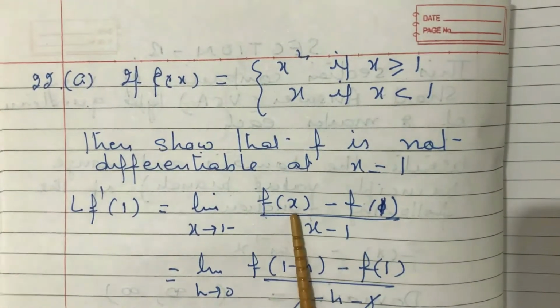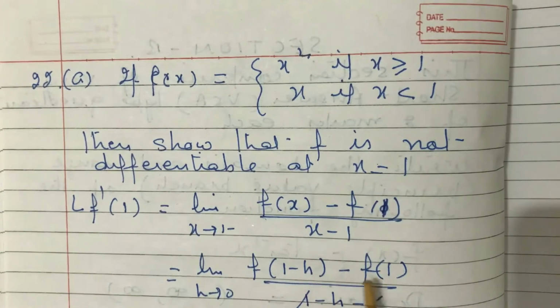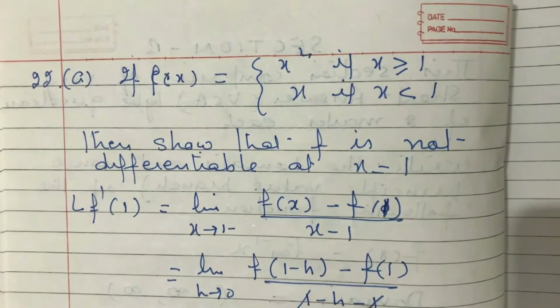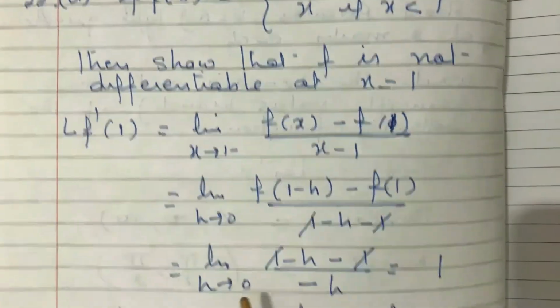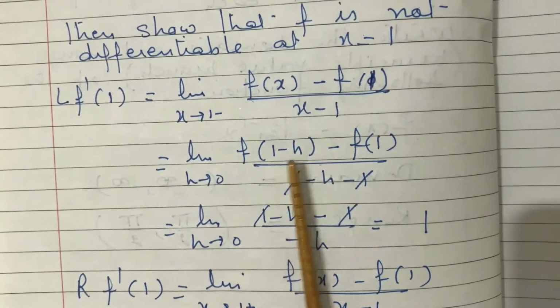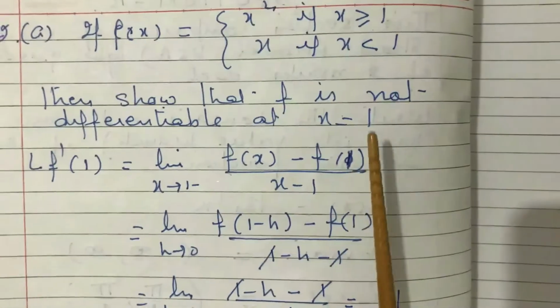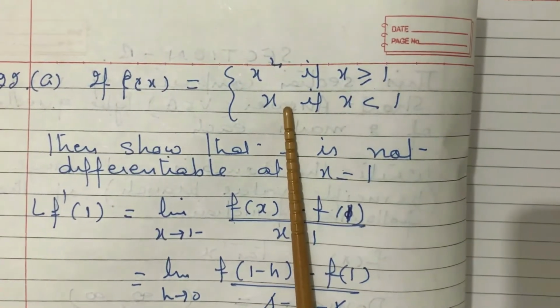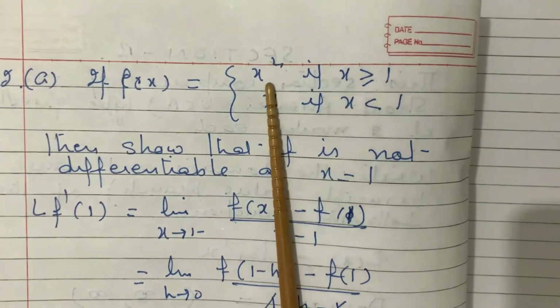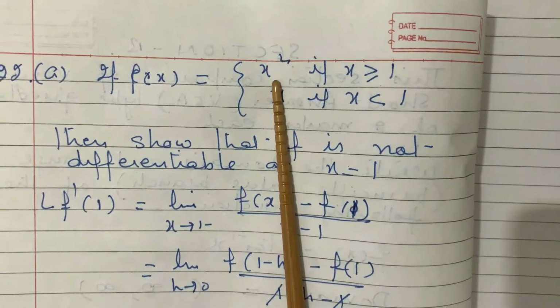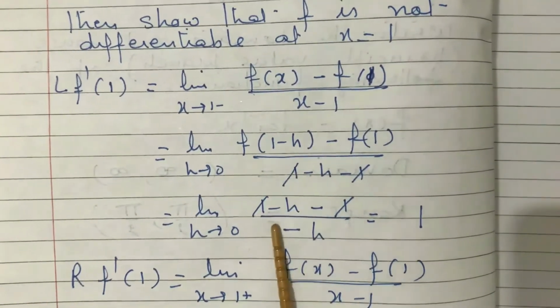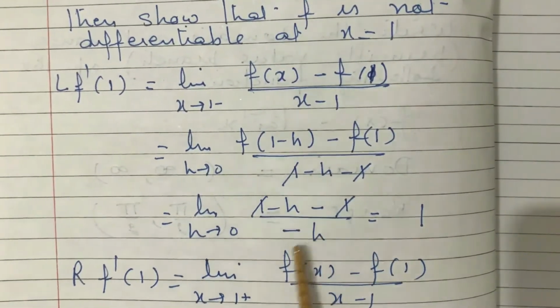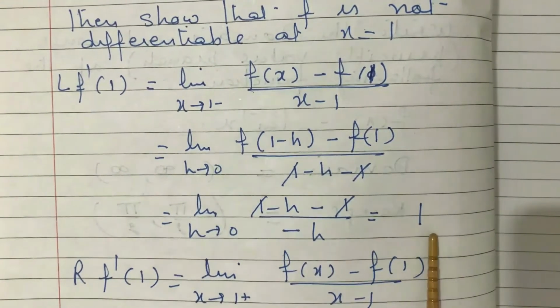So instead of x you will write 1 minus h: (f(1 minus h) minus f(1)) upon (1 minus h minus 1). Now for f(1 minus h), for less than 1 you will take this function x, and for greater than 1 you will take this function x square. So here it will be (1 minus h minus 1) upon minus h, that will come out to be 1.